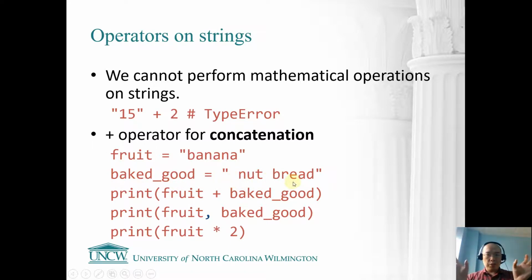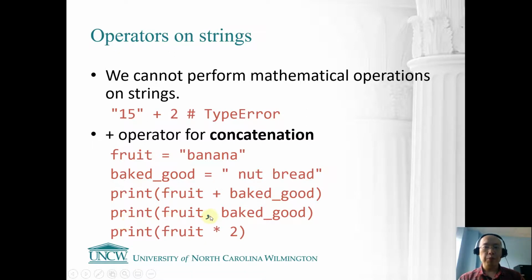If I want to combine those two strings together to make the string banana nut bread, I can do that, and that is called concatenation because they are two strings, right? Then I can simply do fruit plus baked good, and then I print that. I'm performing a string concatenation, and then I print the concatenated strings out.